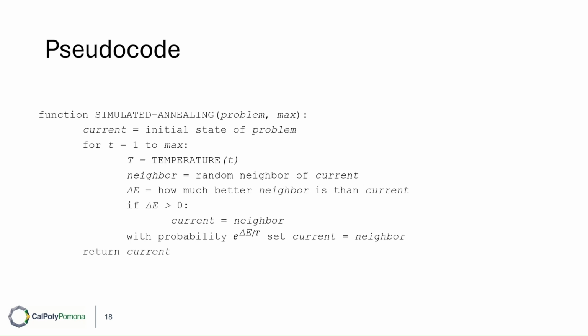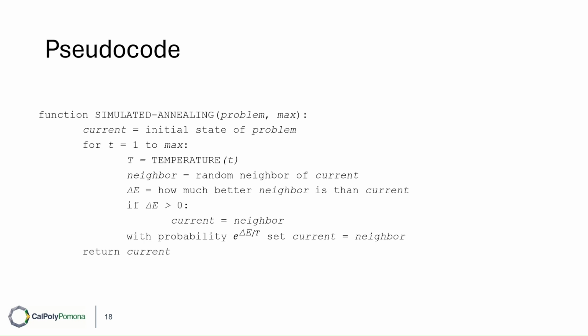We'll again start with some current state, and now we need to repeat the process over and over for a max number of times, where we first calculate the temperature, where the temperature function takes the current time t, starting at time 1 to max, and gives us the temperature, which will be higher early on and lower later on.